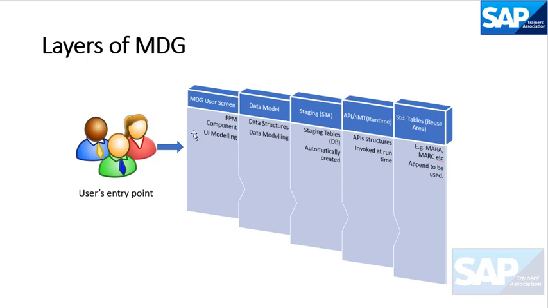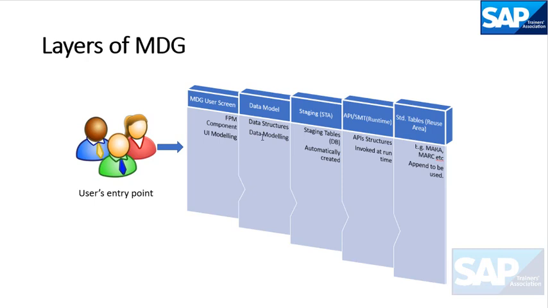We would need to put that on this standard screen as well, so we'll need to enhance this standard user screen. Then the user screen is closely connected to the data model, because the data model maps to the user screen, so we will have to enhance the data model as well.